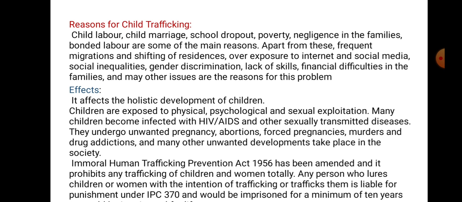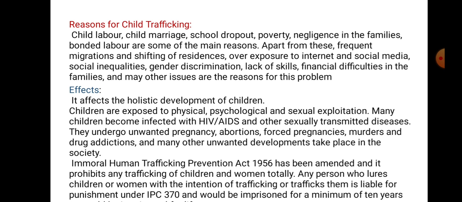place in the society. The Immoral Traffic Prevention Act in 1956 was implemented and later a number of amendments were also done to this act, which directly prohibits any kind of trafficking among the children and women; it has to be totally stopped or totally prohibited.